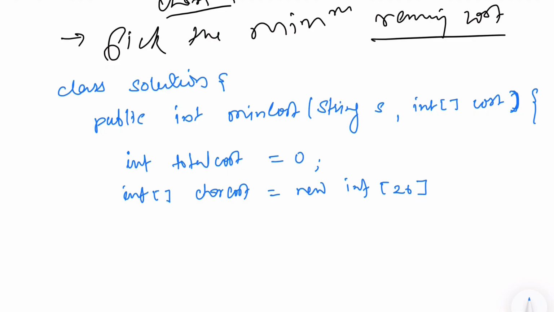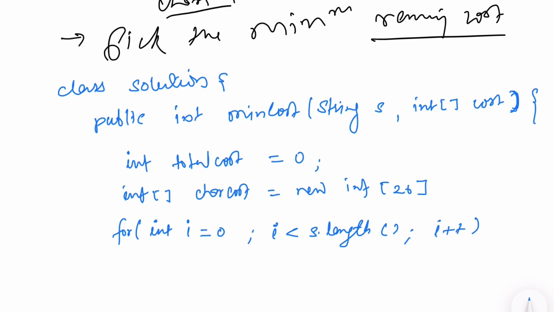Okay, and we'll create a for loop. That loop will start from i equal to 0 and i will traverse all the characters given in the string, and we can get that through its length, and we'll say i plus plus.